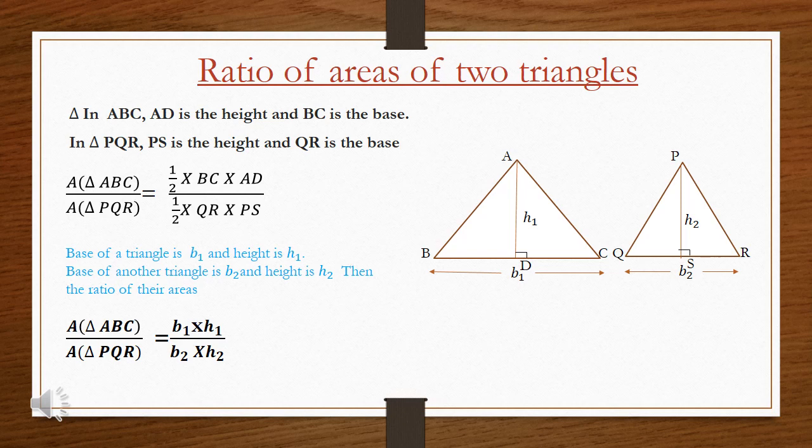So here let us write the base of the first triangle as B1 and its height as H1, and the base of the other triangle PQR as B2 and its height as H2. Then we can write the ratio of their areas as area of triangle ABC upon area of triangle PQR equals B1 into H1 divided by B2 into H2.